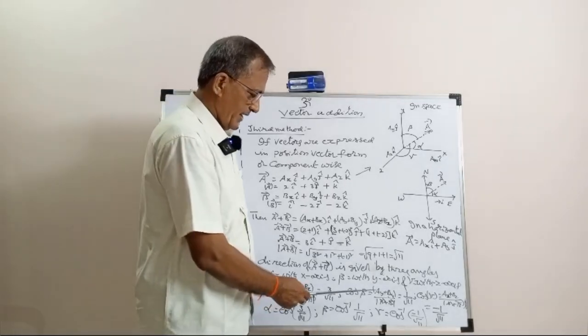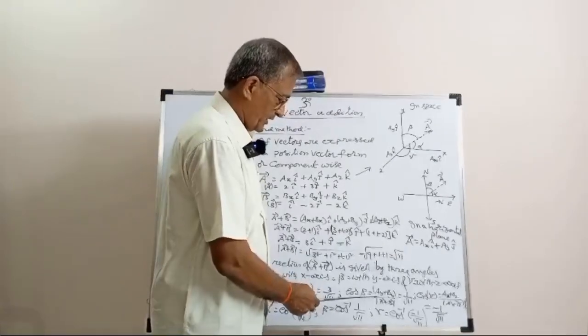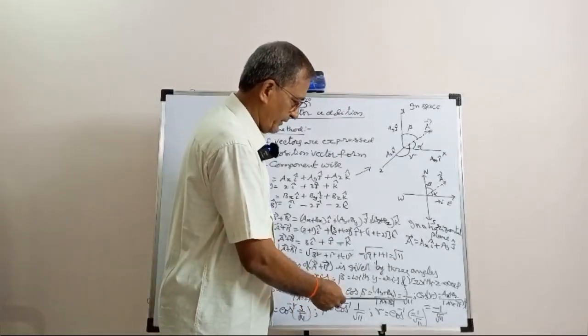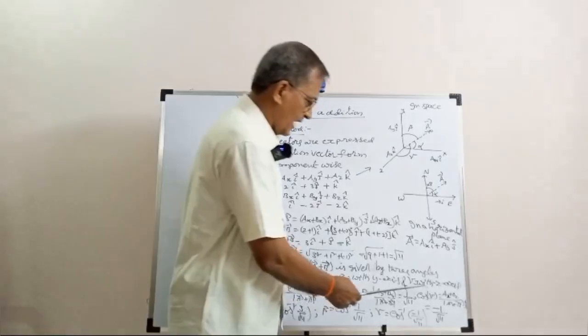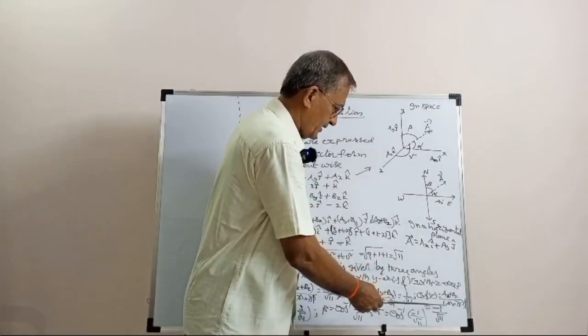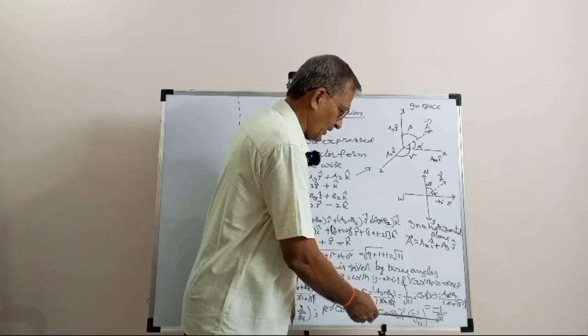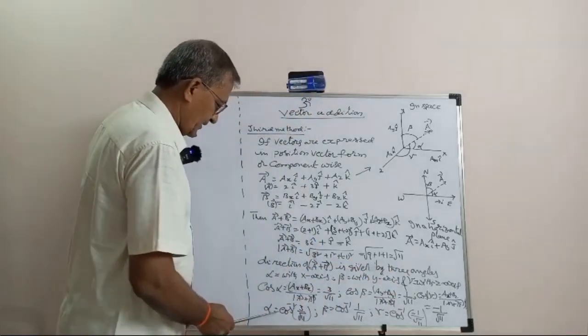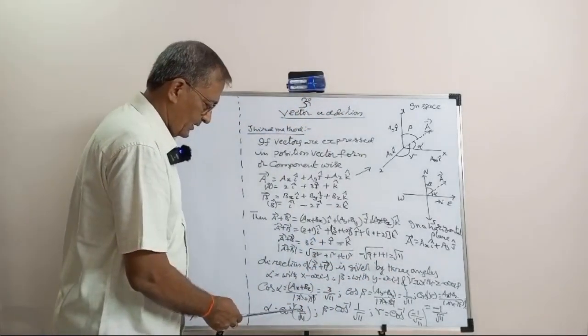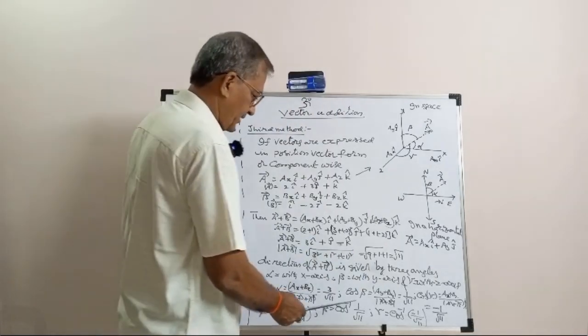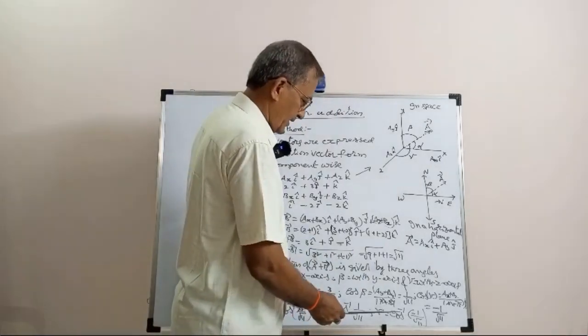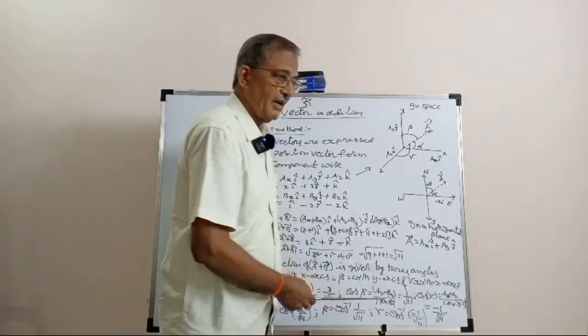Cos beta is Ay plus By by the modulus of A bar plus B bar, which is 1 by root 11. And cos gamma is Az plus Bz by the modulus of A bar plus B bar, which is minus 1 by root 11. And you can represent alpha as cos inverse 3 by root 11, beta as cos inverse 1 by root 11, and gamma as cos inverse minus 1 by root 11.